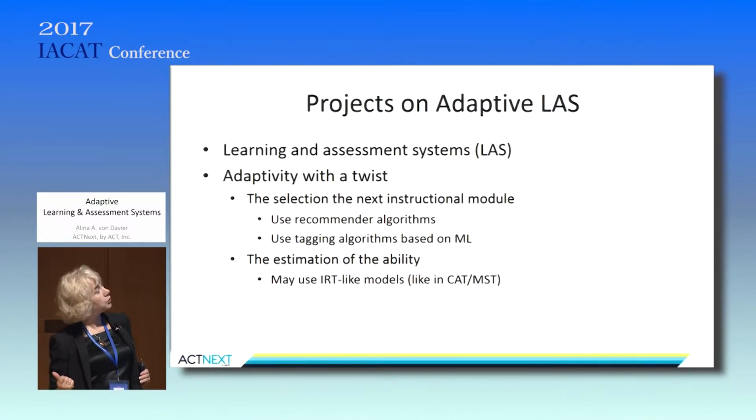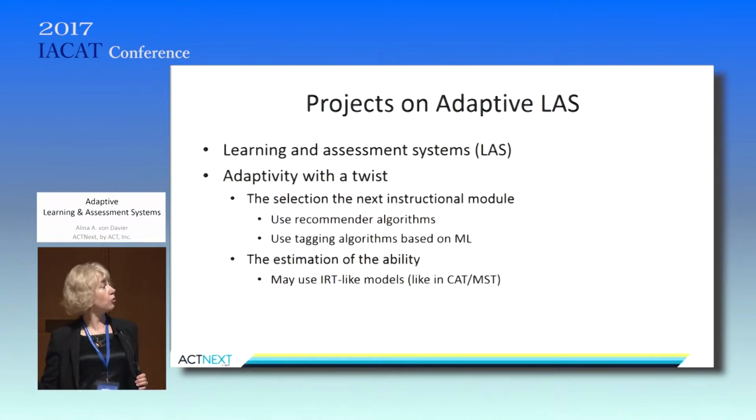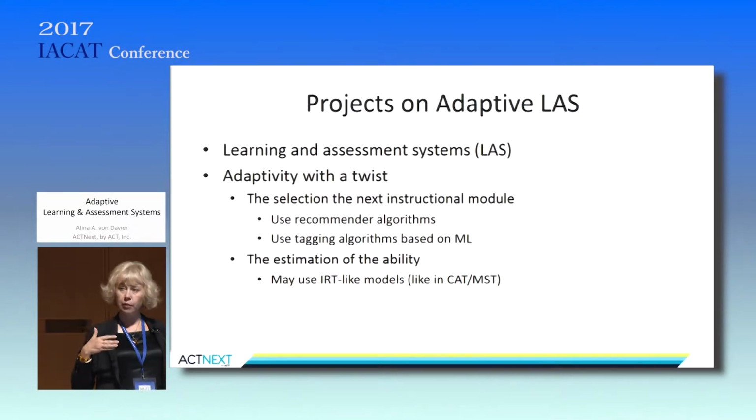But we also use tagging algorithms that are more similar to natural language processing than to other psychometric algorithms with which we are familiar. And then in a separate step, we might have the estimation of the ability, which may still use IRT-like models. So there are two separate approaches.